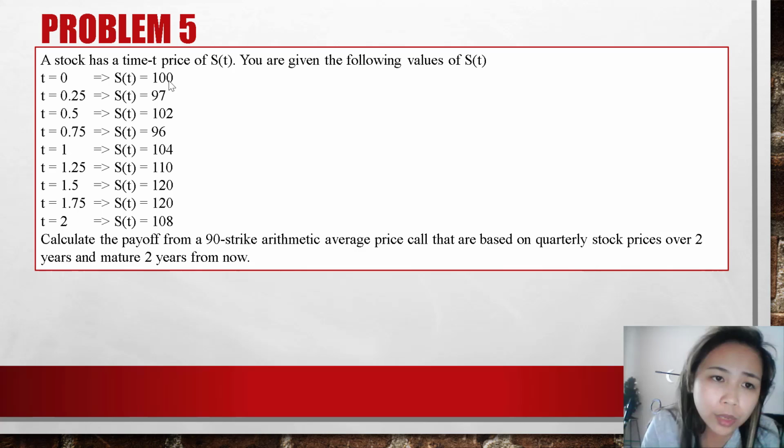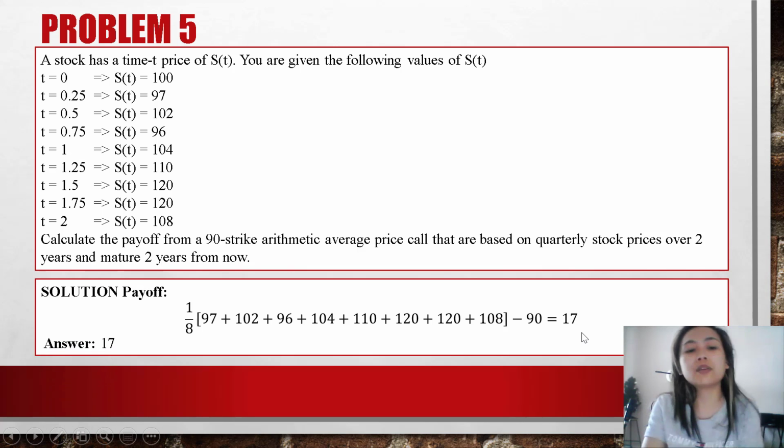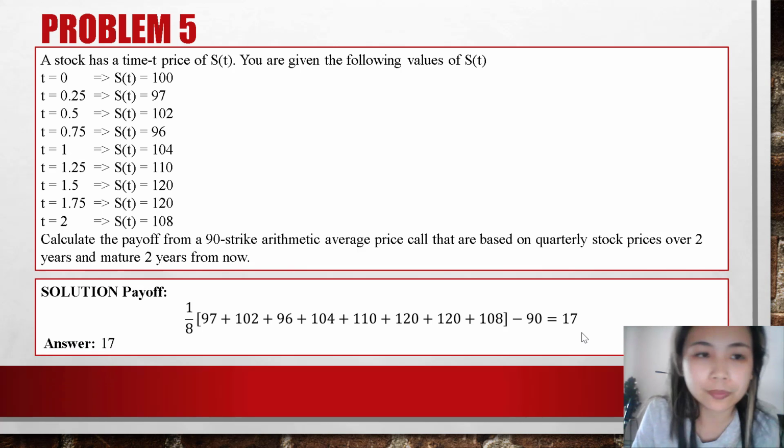So we take the last 8 numbers, add them all together, and divide the sum by 8. Then we take the arithmetic average price and subtract the strike. So we get 17. And because 17 is positive, of course the payoff is 17. If the number here is negative, then the payoff should be 0 because the payoff is non-negative. So the answer to this question is 17.